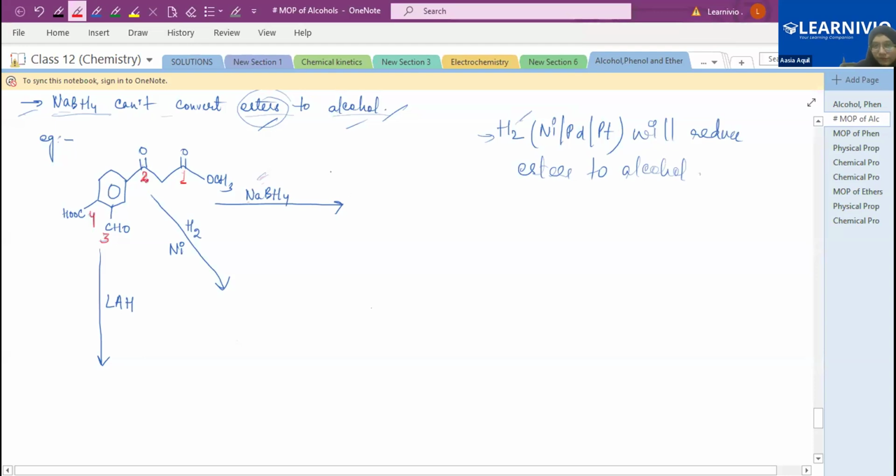Second and third one. Second and third, yes, very good. So it will reduce only the second and third group, which are your carbonyl groups.